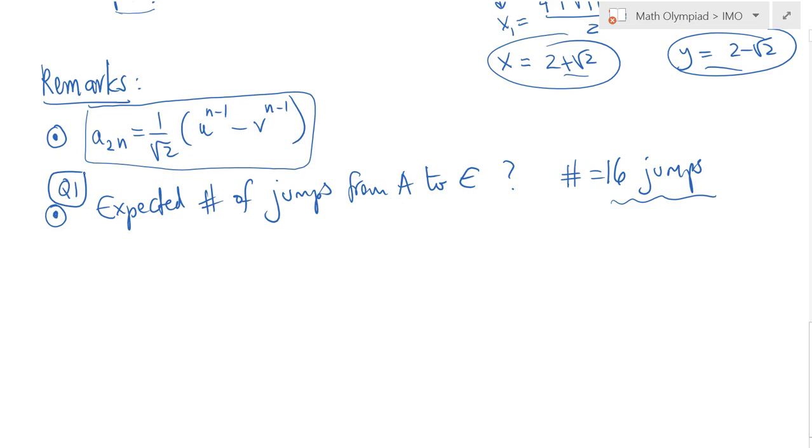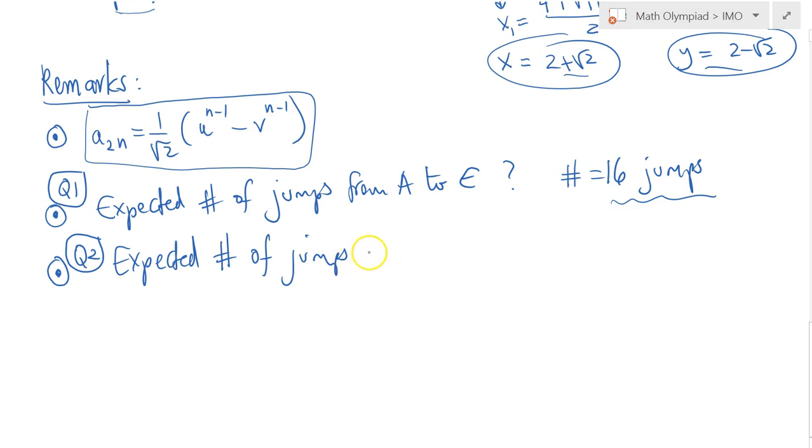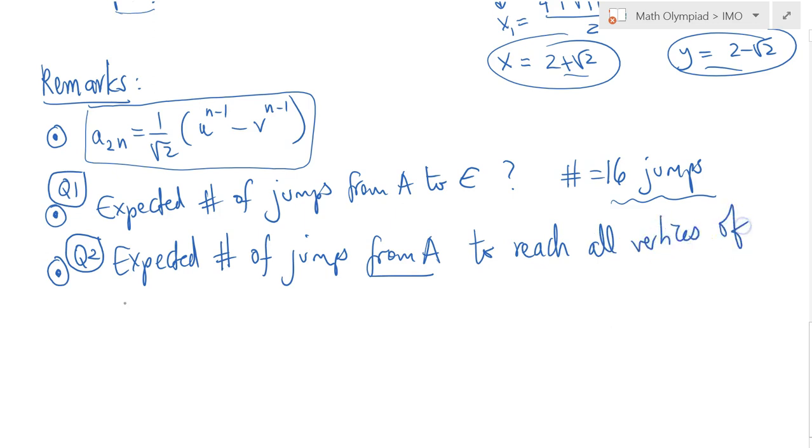Now the second part of the question, well, this is the first question, Q1. Let's see if you can use the comment section at the bottom to make a discussion. But the second question, Q2, is again an expected number of jumps: what is the total expected number of jumps needed, starting from point A, but this time to reach all vertices of this octagon, right?